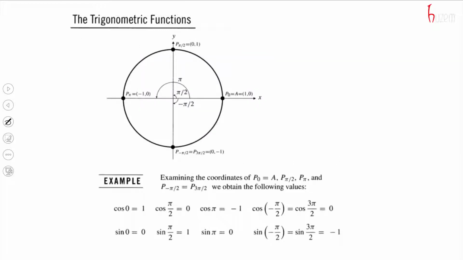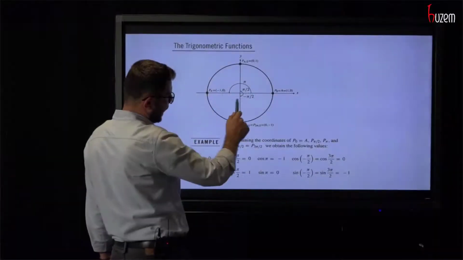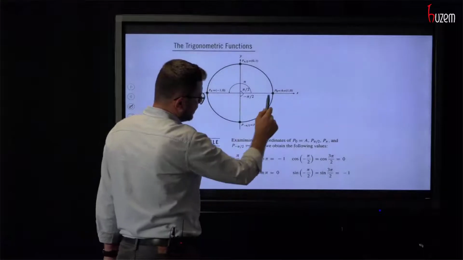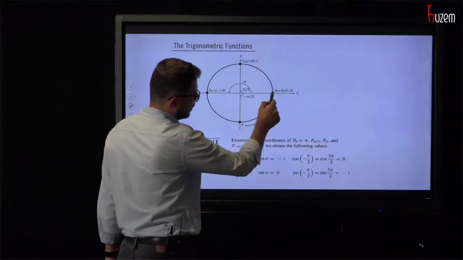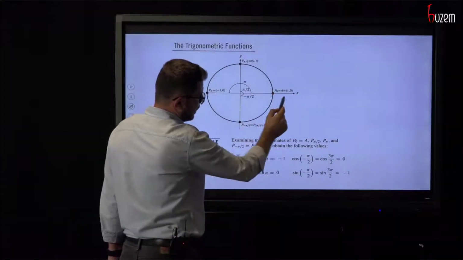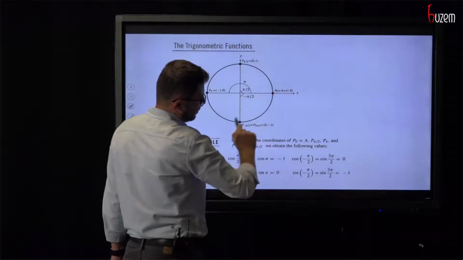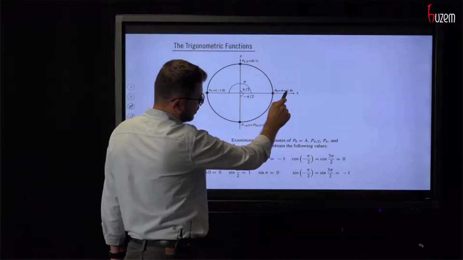So let's move on. Also, let's continue with some known cosine and sine values. If we consider the unit circle and angle 0, then it means we are at this point. The x value of this point is 1.